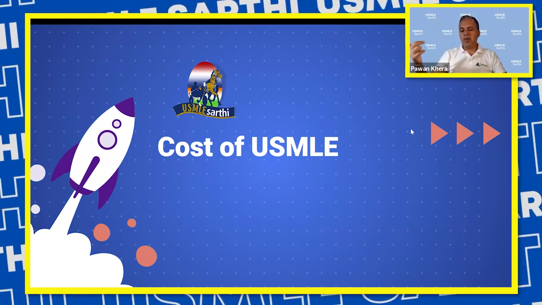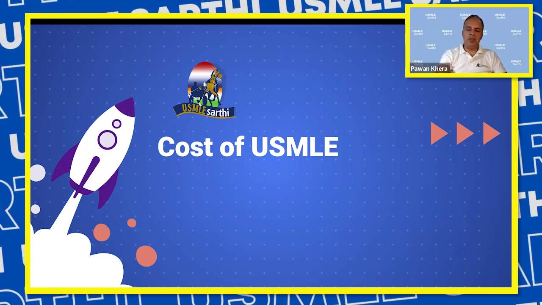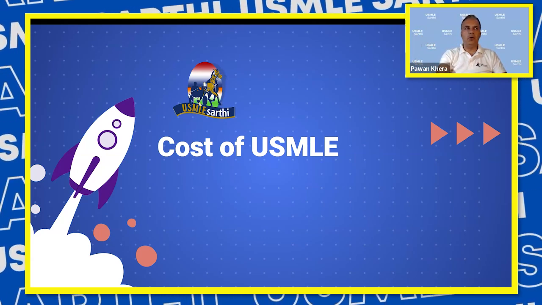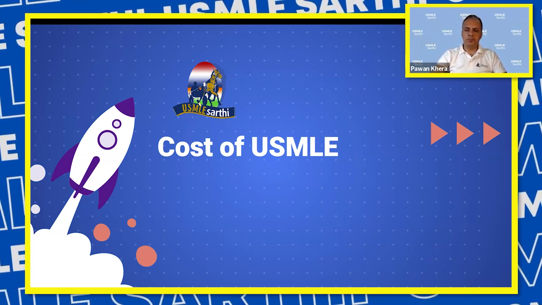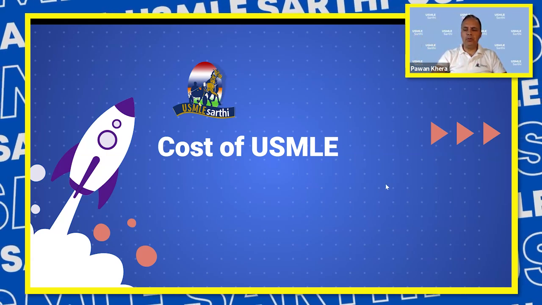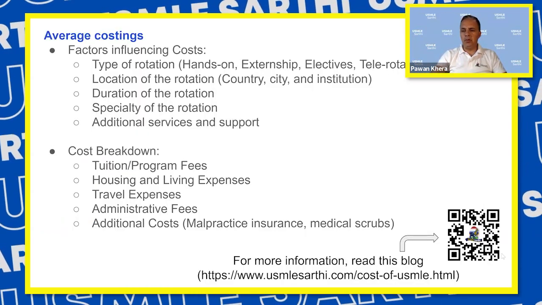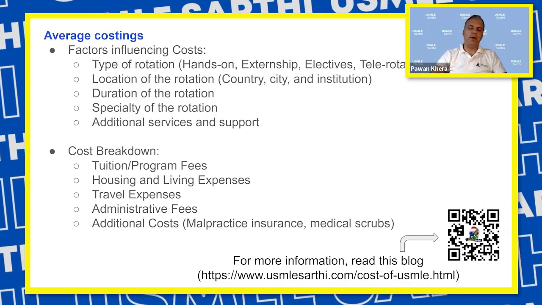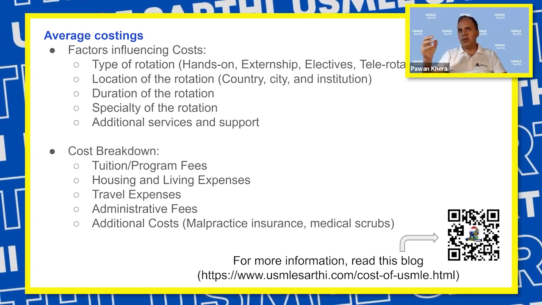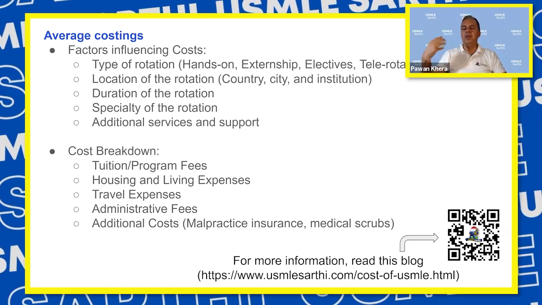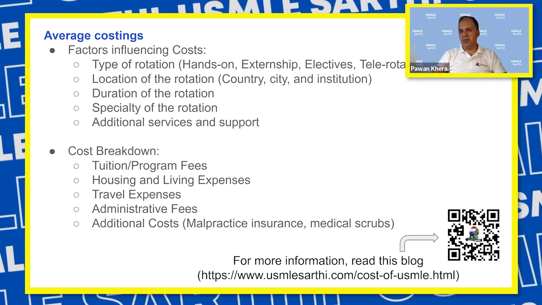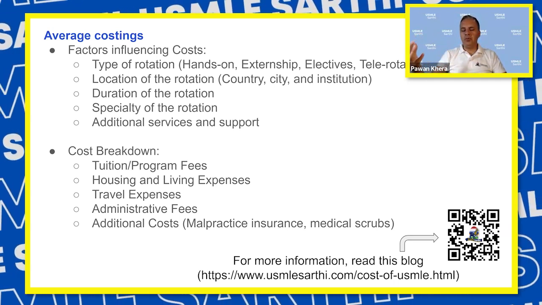Anyway, coming back to the cost of USMLE, so that's where a lot of you gave your opinion on how much does it cost. We have a full blog on this. If you click on this, it explains each and every aspect, whether it is USCE, whether it is the match season, whether it is your exam prep material, all of that.